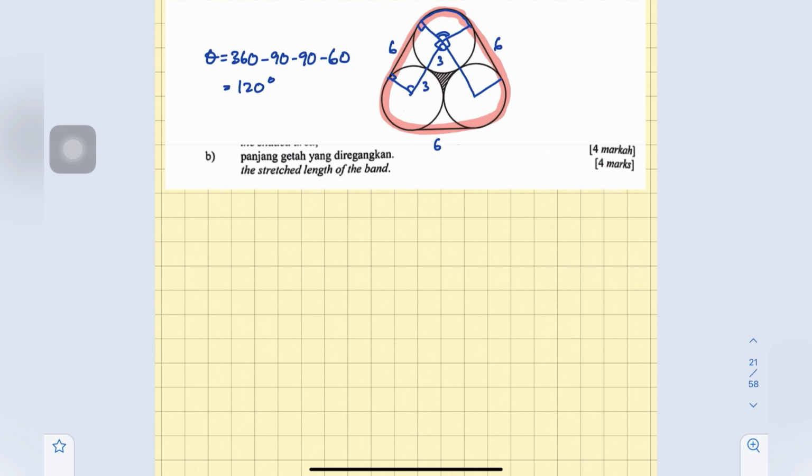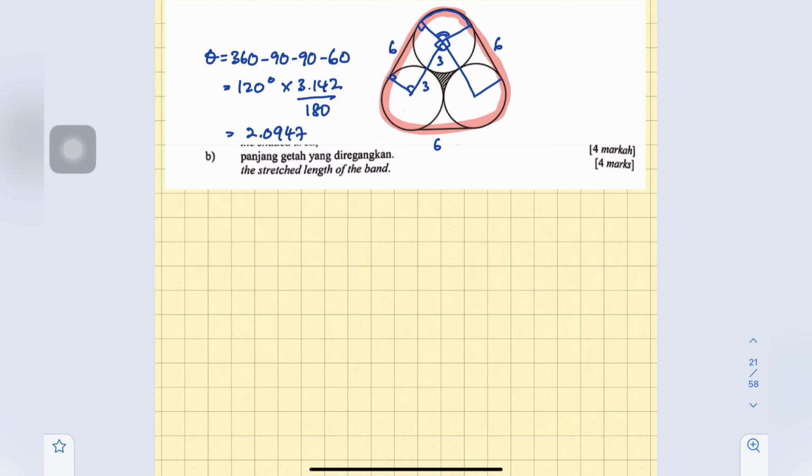Okay, so we need to find it in radian, because our theta is in radian, so times 3.142 over 180. So 120 degrees in radian is 2.0947.